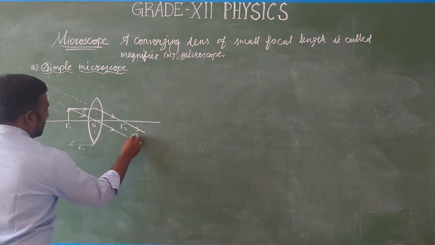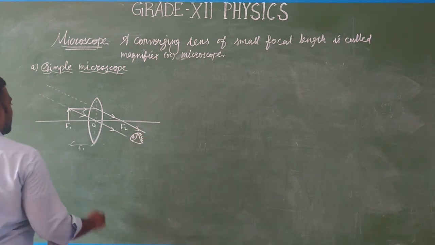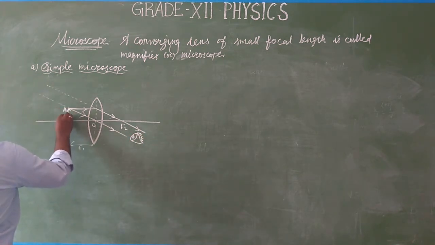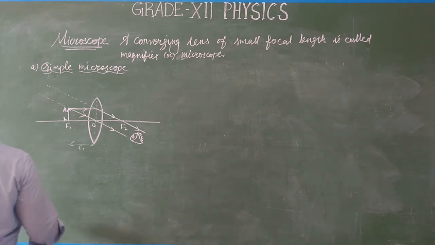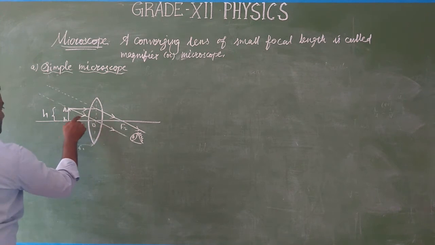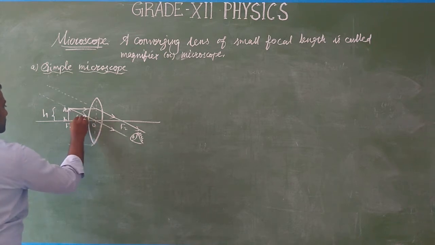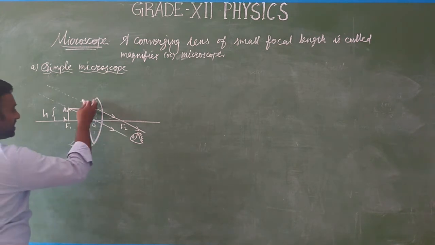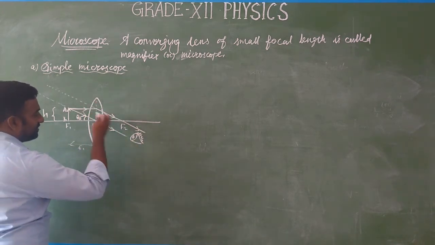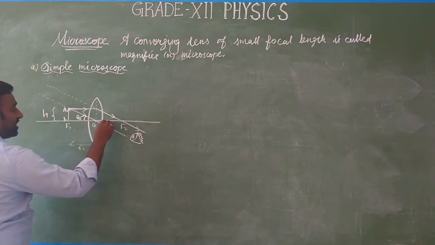So this is our eye. AB is the object, and the height of the object is h. Here, the incident ray from the object makes an angle with the principal axis, the angle subtended by the object. Similarly, the image is formed by parallel rays, which meet at infinity, so it is enlarged.